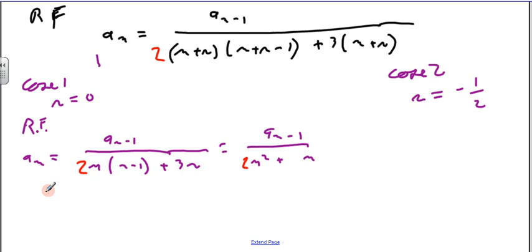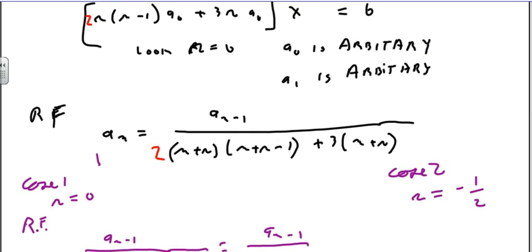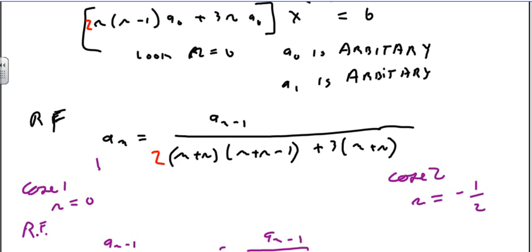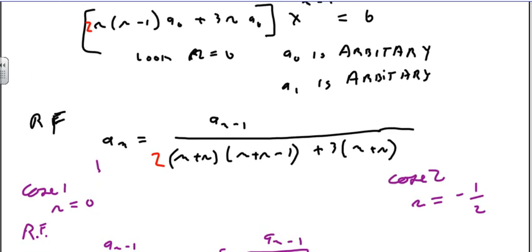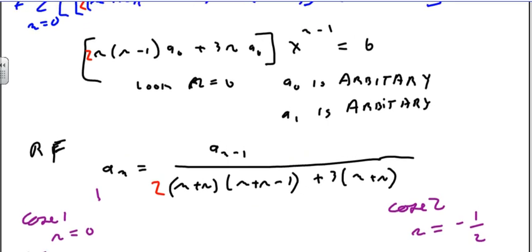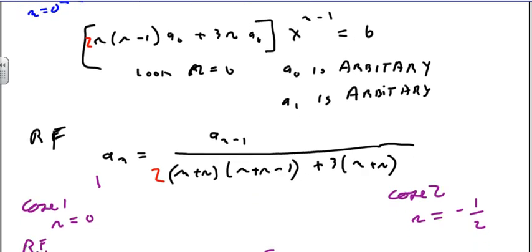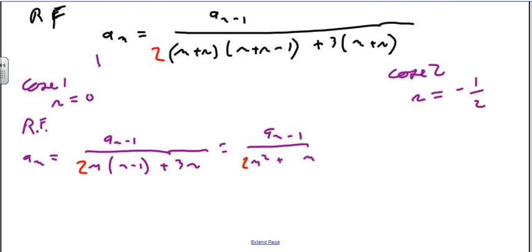Okay, so now we're going to look at my recurring formula. Where does it start? Let's start n equals 0. But that would mean that a1 is arbitrary. Well, that's fine. We can handle that.